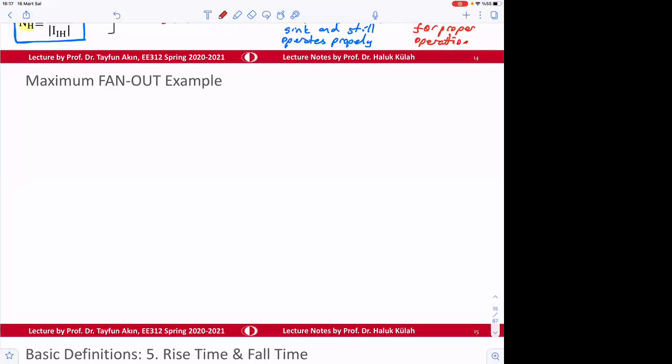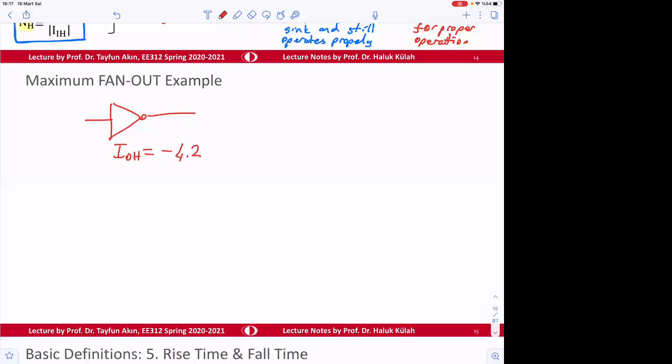So let's say that we have a gate, and for this gate, I output high is given as minus 4.2 milliamp. What does that mean?